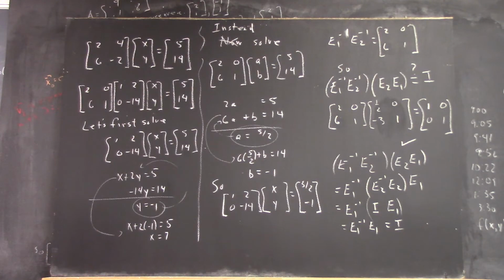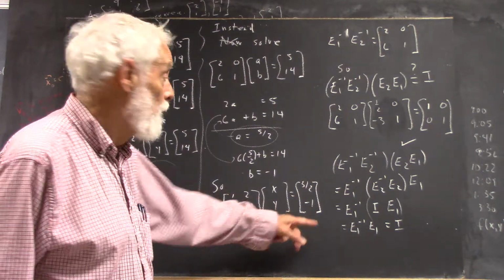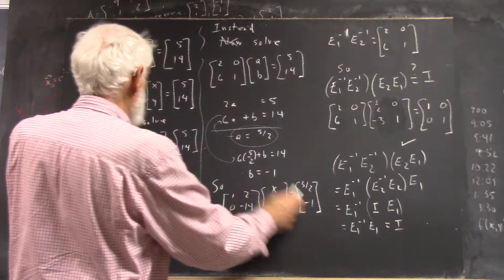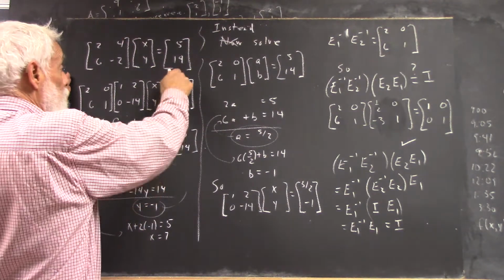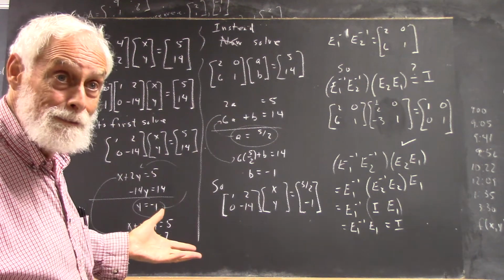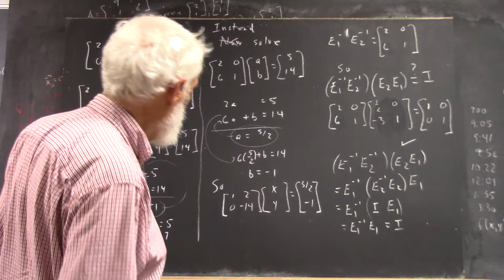Because if xy is a solution to this, then this would be 5 halves, negative 1, won't it? So when we multiply it by this, we get 5, 14, right? Kind of slick.